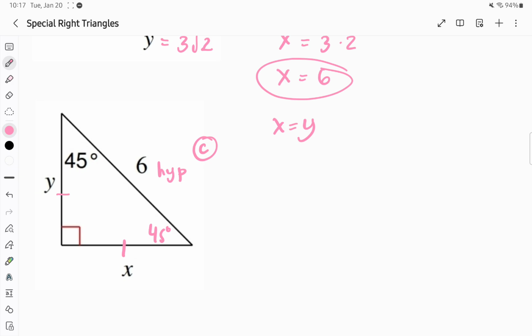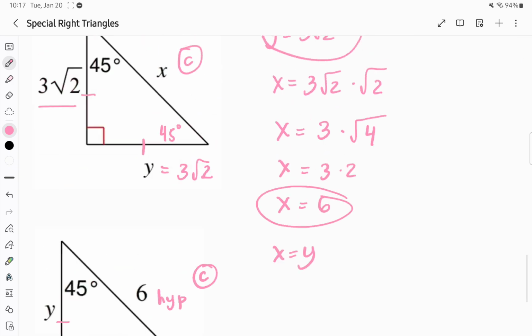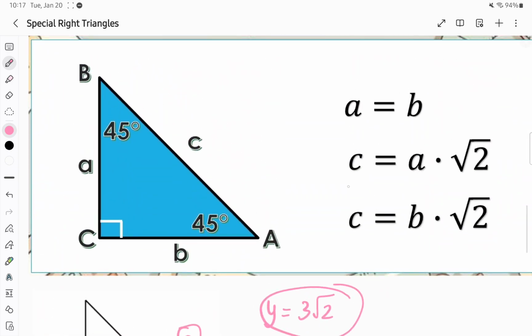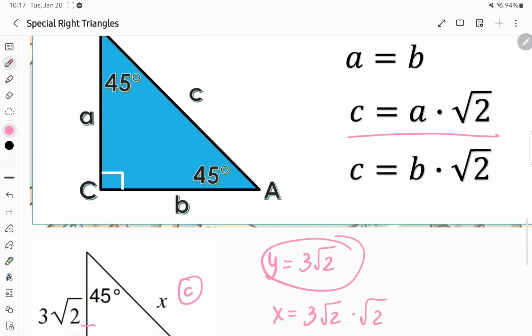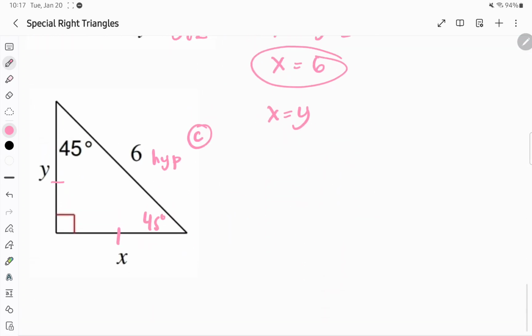Now, take into consideration that based on this one, c is equal to a times square root of 2. So, any leg, so that would mean c, which is equal to 6. Ito yung ating hypotenuse, and this is C, is equal to any of the leg. So, gamitin ko na yung x times square root of 2.